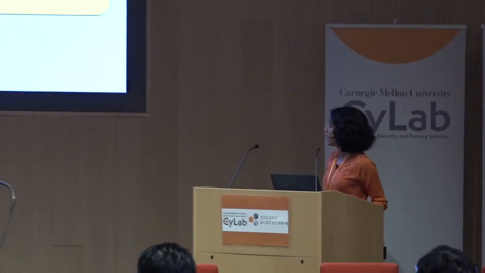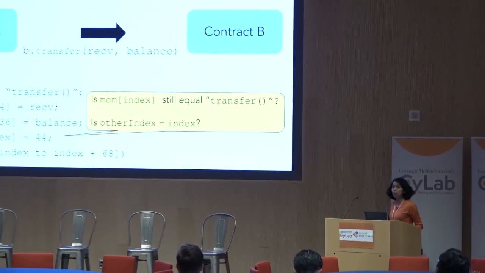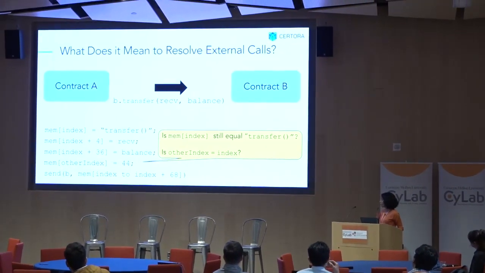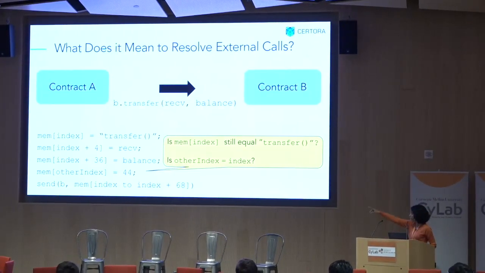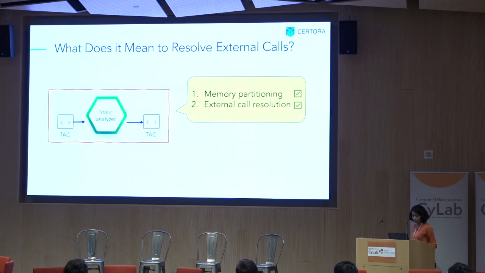And then you send all of this, starting from index to index plus 68, that's the transfer, receiver and balance, when you do the invocation of the transfer function. So what we will do is we will make sure that mem of index is still equal to transfer, and whenever you're writing to other indices, those are not aliased with index, right? Because otherwise, you are going to overwrite whatever you had at index. So this is the kind of guarantee that we get from doing the analysis at the TAC level.